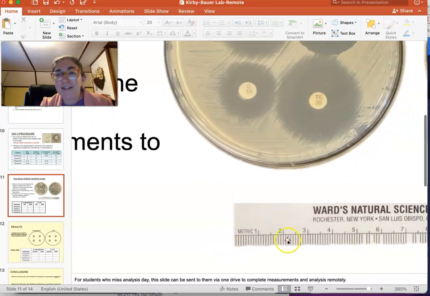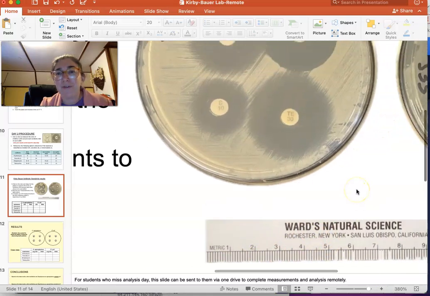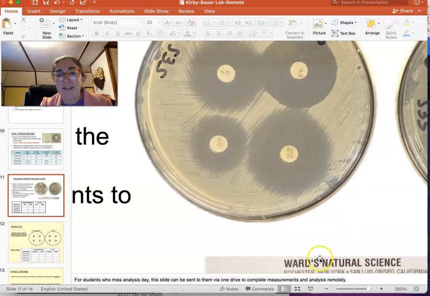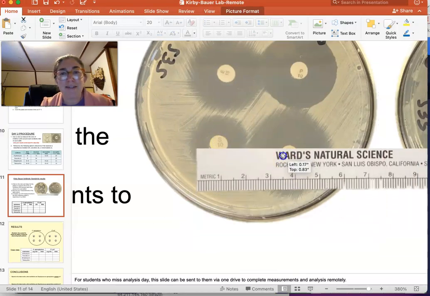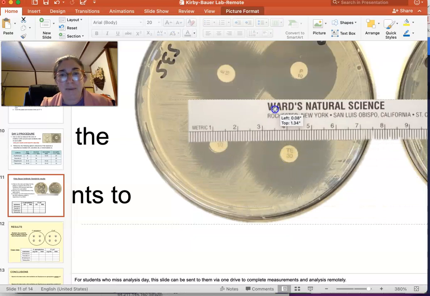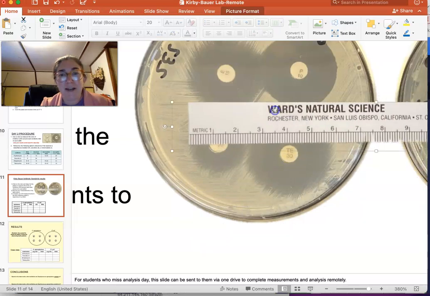and now we can see the measurements on the ruler really well, and we can see the zones of inhibition really well. So for example, for the S, which is the streptomycin, all right, I'm going to bring my ruler here, and I'm going to measure from this end to this end of the circle. Now this is in centimeters, but we want our units to be in millimeters.